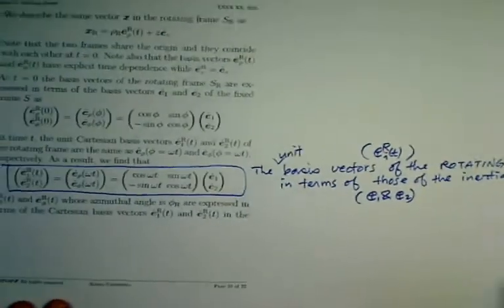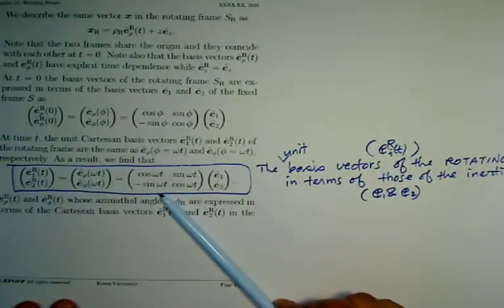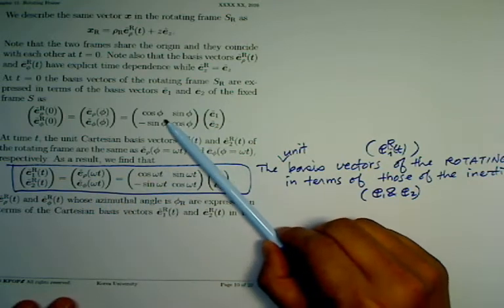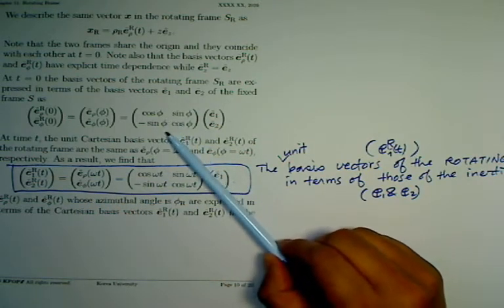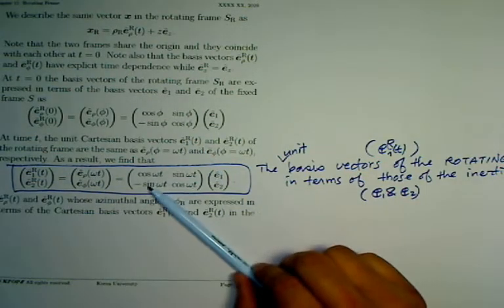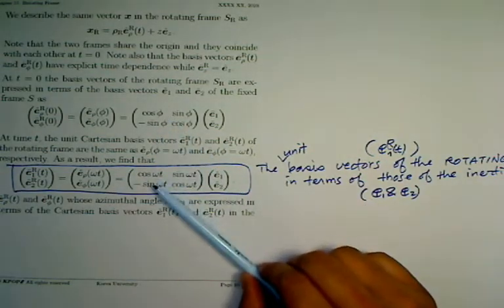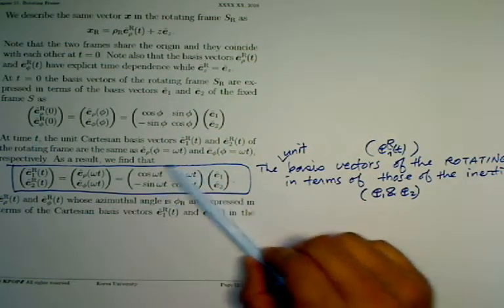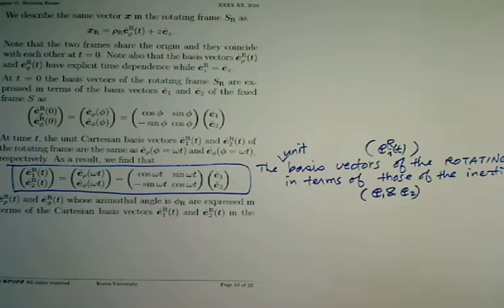As a result, as time goes on, this angle phi, the relative angle between the fixed coordinate system and the rotating coordinate system, is phi. But if we consider the case where the axis of rotation keeps rotating with a constant angular velocity, then we can replace this phi with omega t, and this time dependent factor appears.